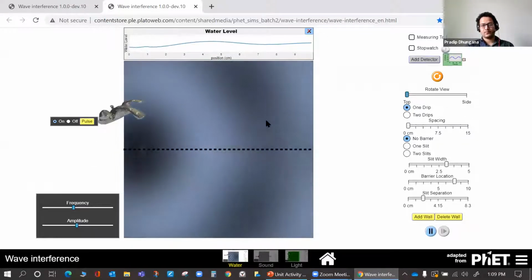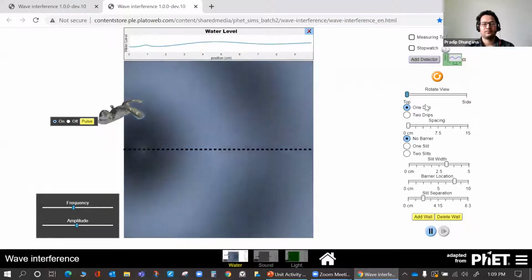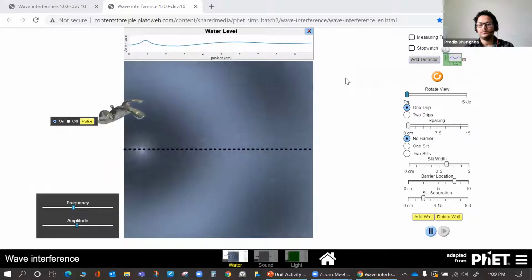Okay, both. You can type your answer in chat, or unmute and tell me your answer, or let me annotate it.